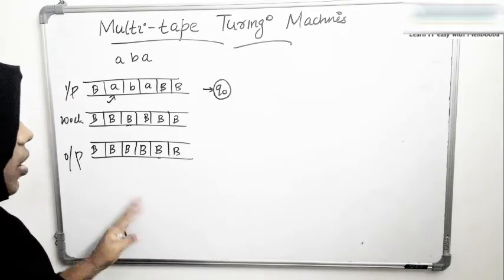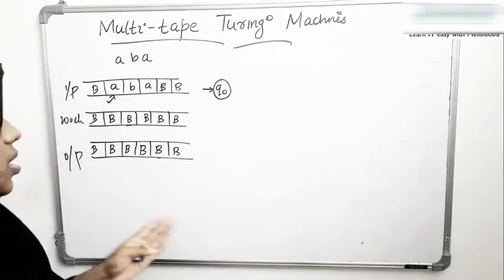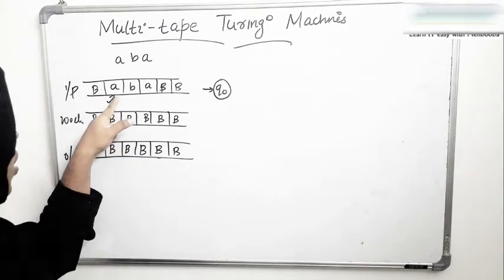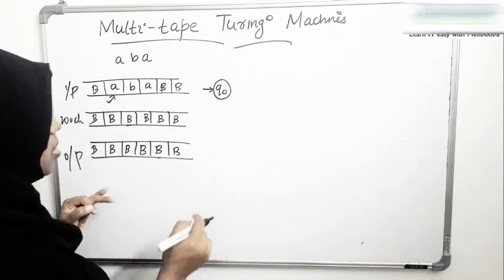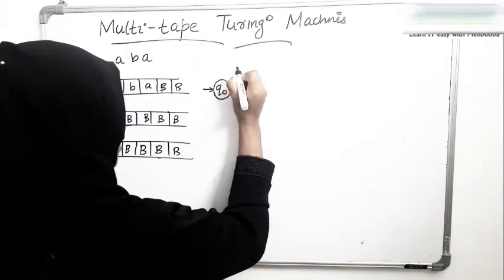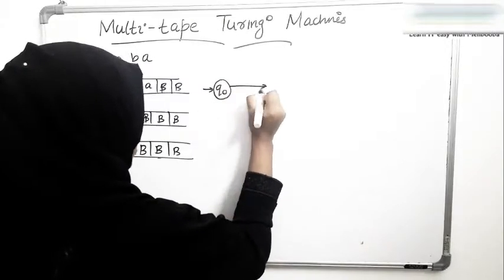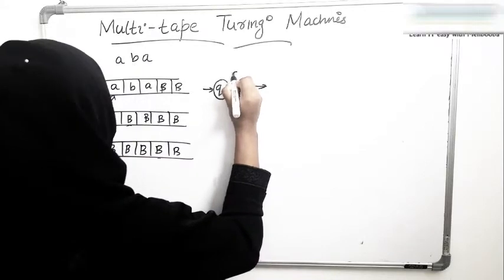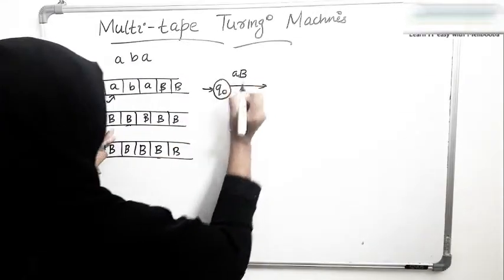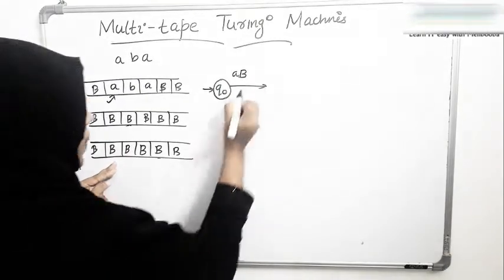All the other tapes contain the blank symbol in all the cells. So now the configuration is like: the first tape contains the symbol A, the second tape contains the symbol B, and the third tape contains the symbol B.